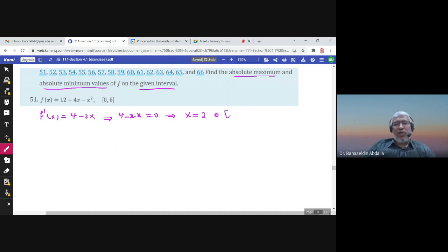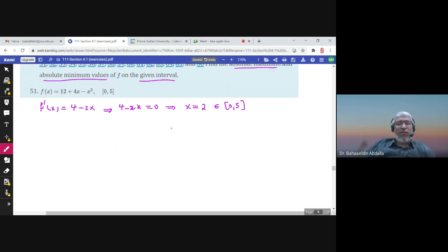And 2 belongs to the interval 0 to 5. So now we make a table. All the critical numbers that we found between 0 and 5, the only one was 2. And we also put the endpoints of the interval.